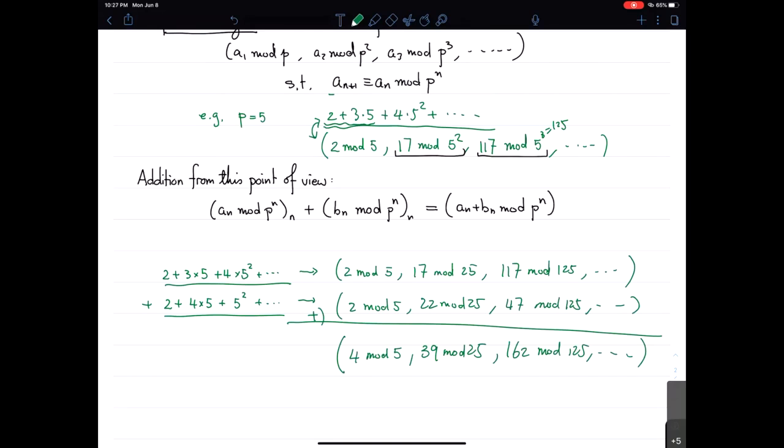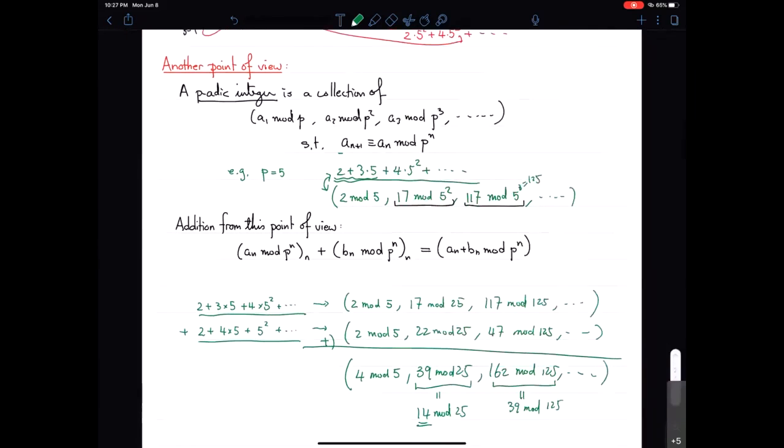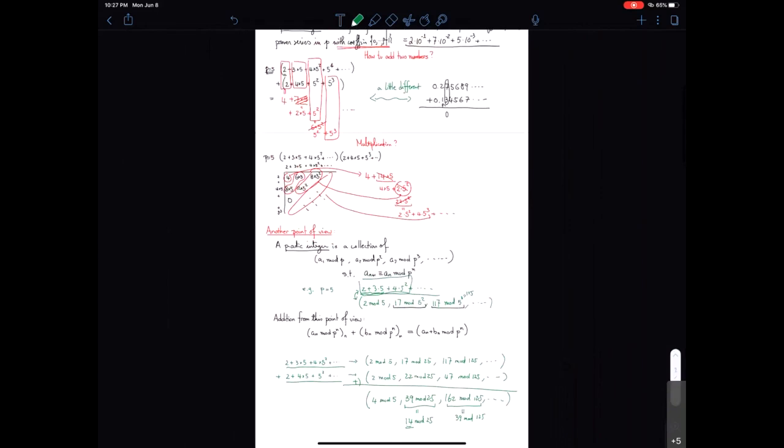And if you think about this, of course, 39 mod 25 is okay. It makes sense. But I'd rather write it as 14 mod 25. That looks normal to me. Even the thing in front of mod 25 should be somewhere between 0 and 24. And similarly, this one should be congruent, when I mod 25, to the same as 39 mod 125. If you think about what really happens, when I do this addition earlier on, I replace 7 times 5 by 2 plus 5 and 5 squared, and over here I have some sort of replacement too. That's essentially what happens here.